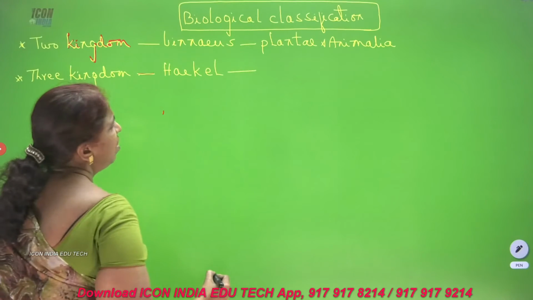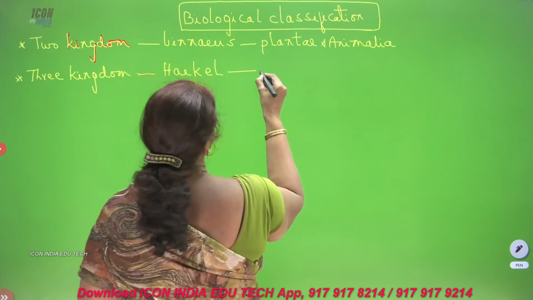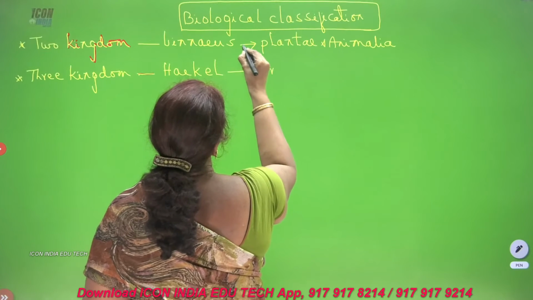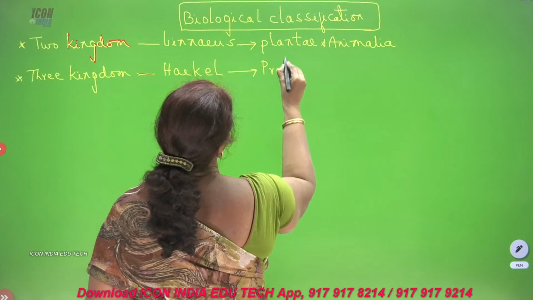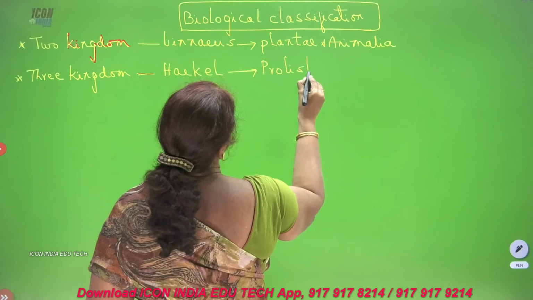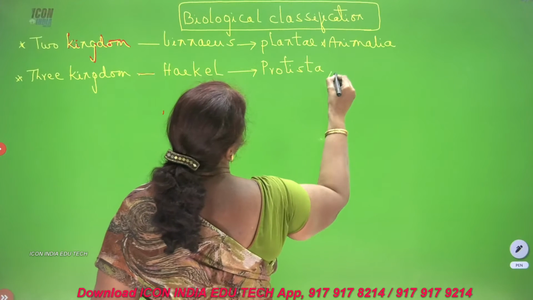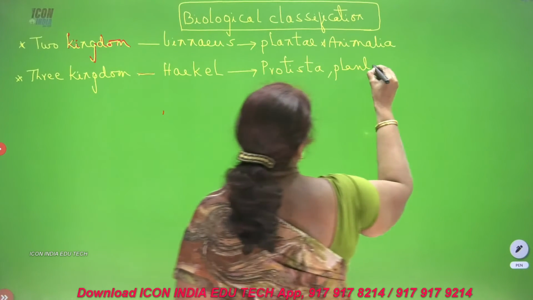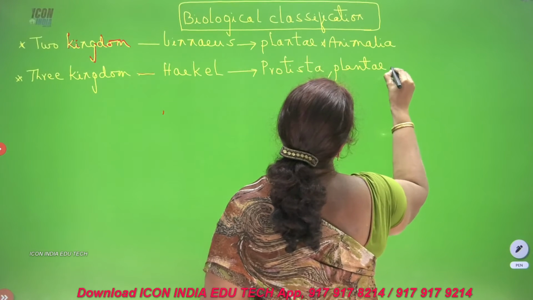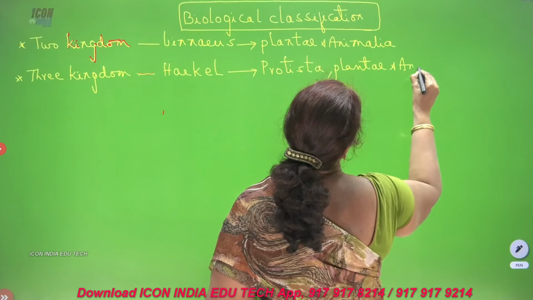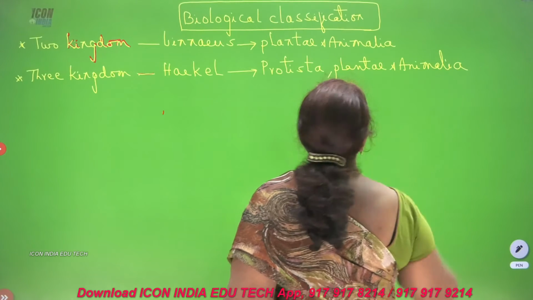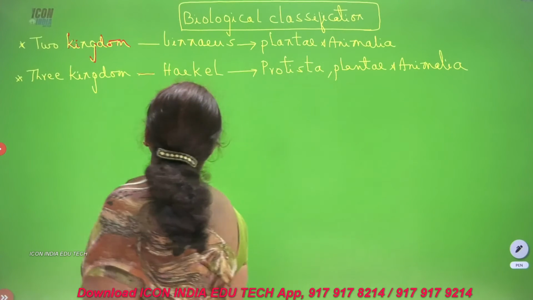He classified the organisms into Protista, Plantae and Animalia.